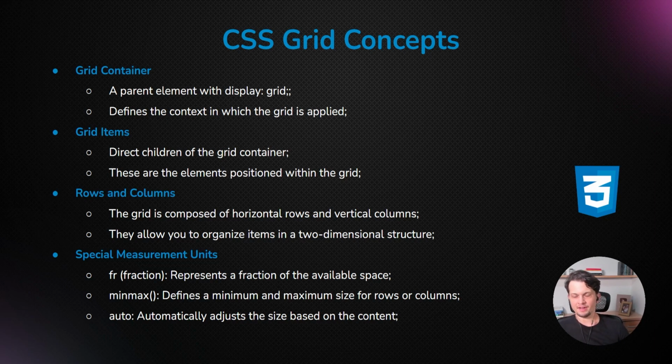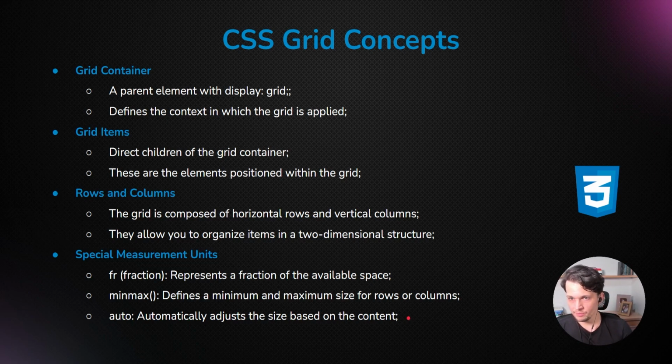It's very useful when we have a size that the element cannot be smaller than, or greater than some value, okay? And auto automatically adjusts the size based on the content, okay? So it's also a good way to define the size.